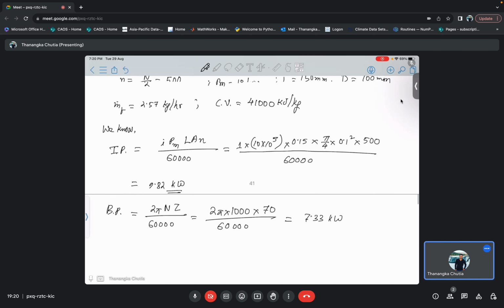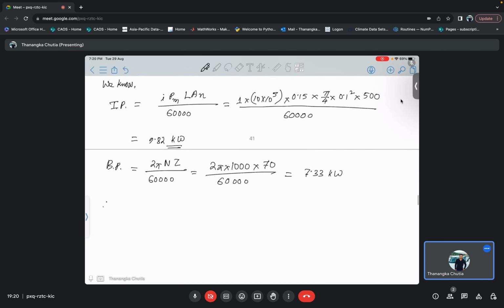Therefore mechanical efficiency will be equal to what? Brake power by indicated power. Brake power is 7.33, indicated power is 9.82, so you'll get your mechanical efficiency as 74.64%.